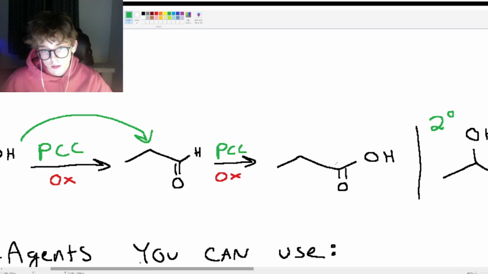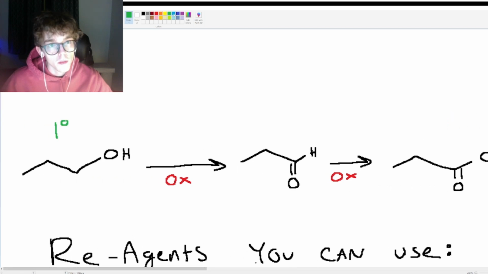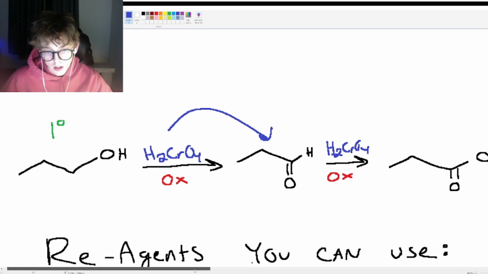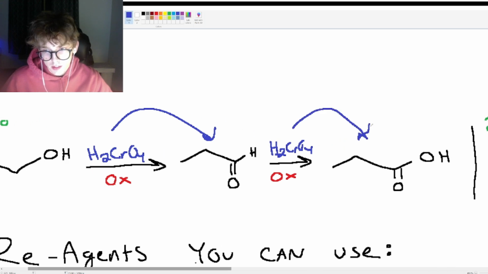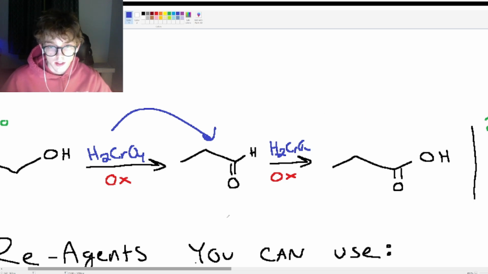And that's just because it's a weaker oxidizing agent. However, if we used chromic acid, H2CrO4, we'll get the aldehyde, and then if we use another, we'll get another oxidizing step, and we'll get a carboxylic acid.